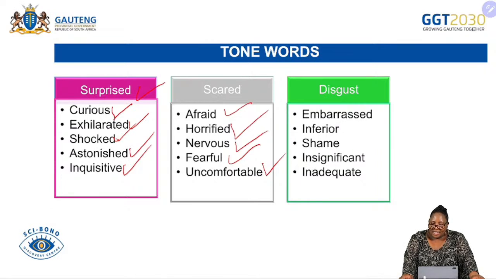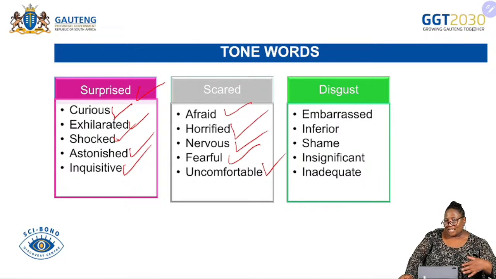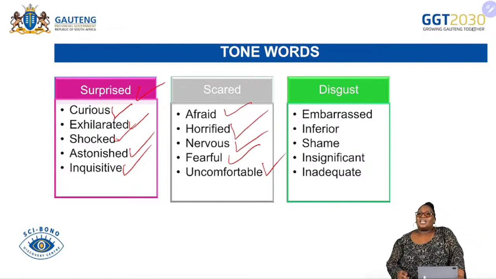Something is happening. You are afraid and uncomfortable that things are going to turn bad for him, but you're saying they shouldn't be scared. The underlying tone shows that he is scared, he is afraid that things may go very wrong.